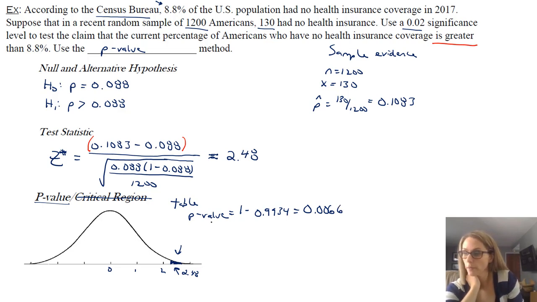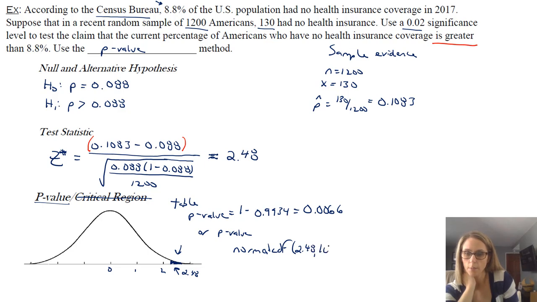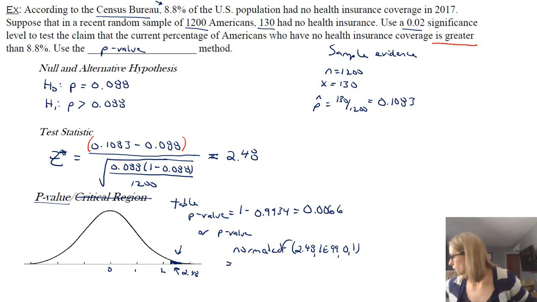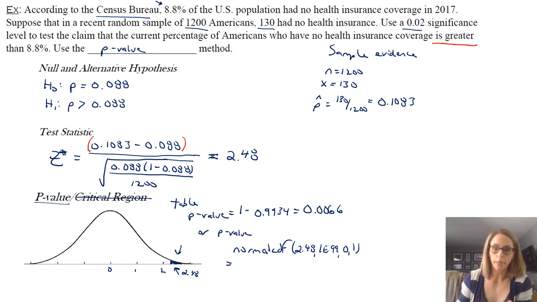Now the way to do this in the calculator is not particularly surprising. The p-value would just be normalcdf, and you would put in your 2.48 all the way up to some very large number, and mean and standard deviation, and that's going to give you the value using the calculator. So either one is fine. I've got my calculator right here, so let's see what that gives us.